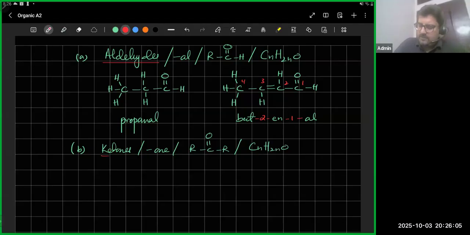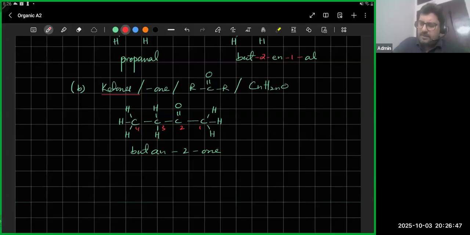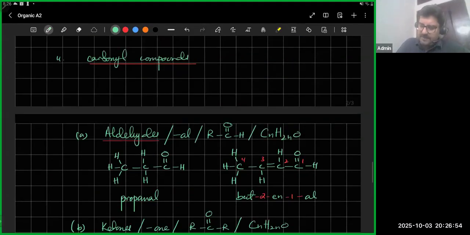That's what your ketone is, and so this one is going to be butan-2-one. -an is used because it's saturated, and you're going to try and give the smaller number to the ketone. After that, it's number 5.